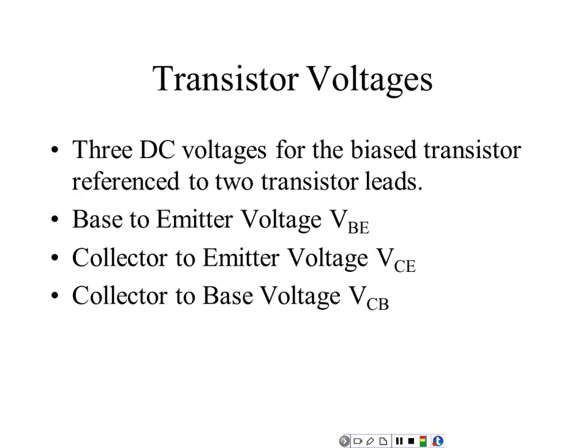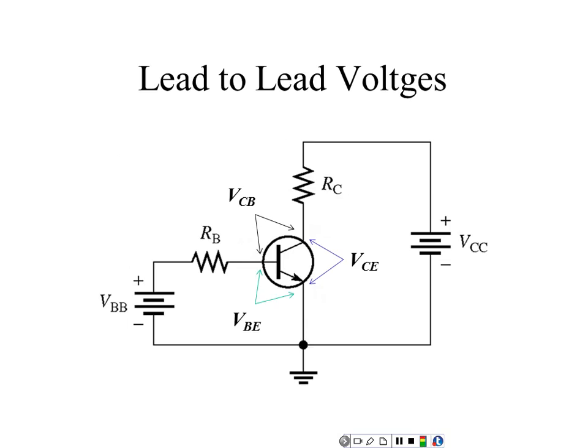The 3 DC voltages for the bias transistor, referenced to the 2 transistor leads: we have voltage base to emitter, voltage collector to emitter, and voltage collector to base. And I just showed you how we got those, right? We got breakover voltages for all these too, right?